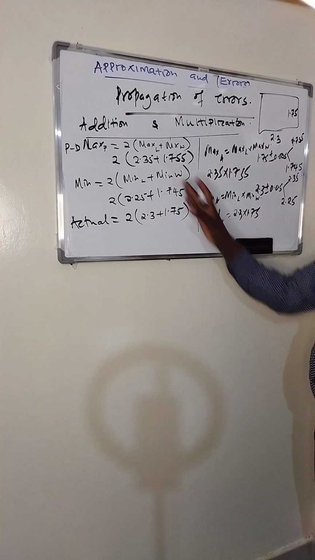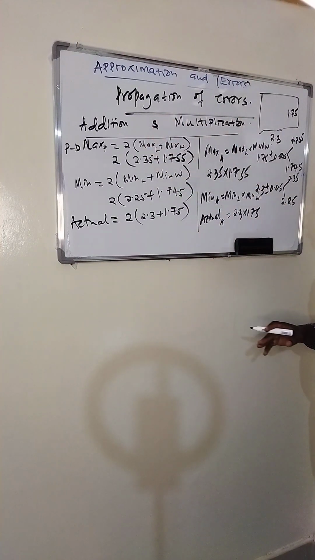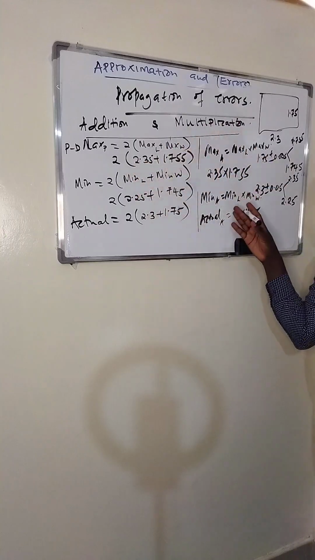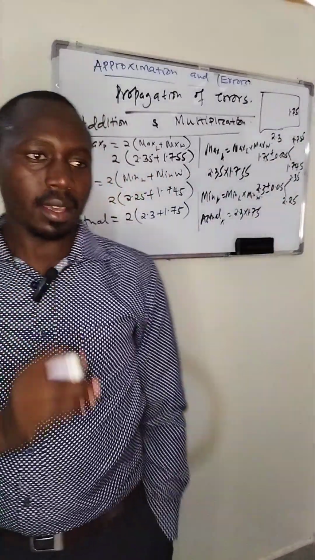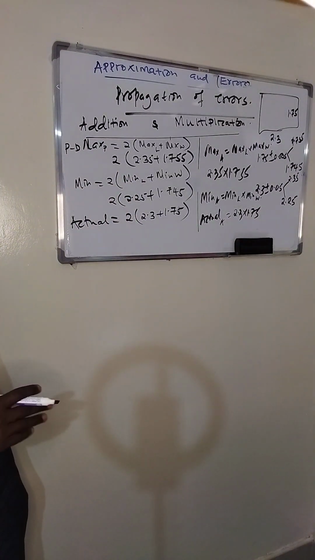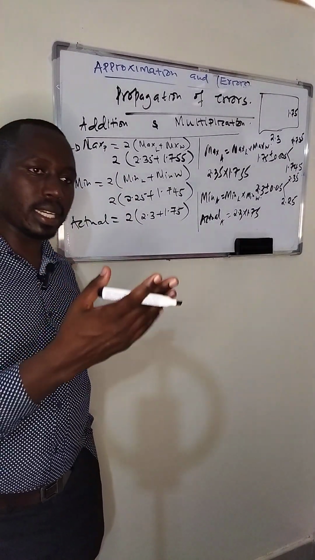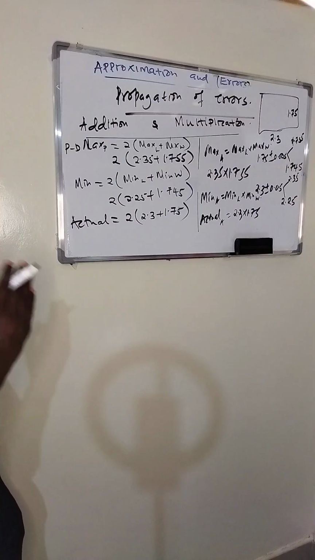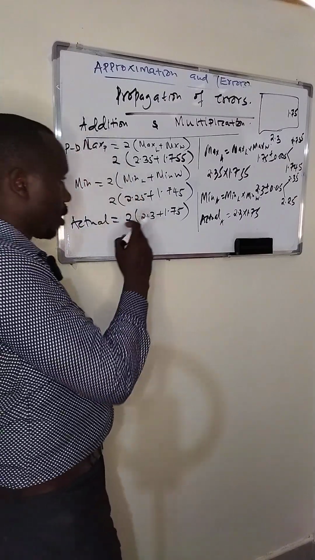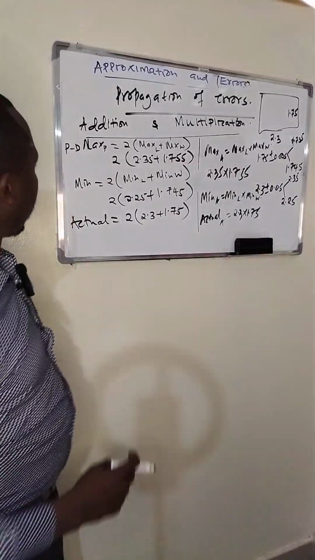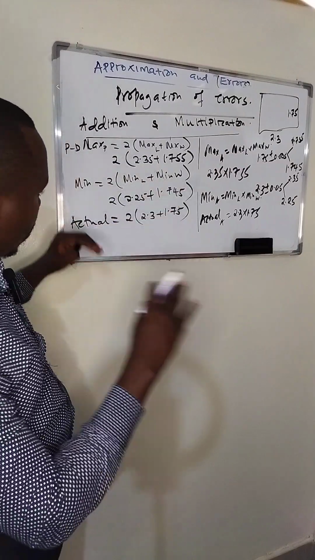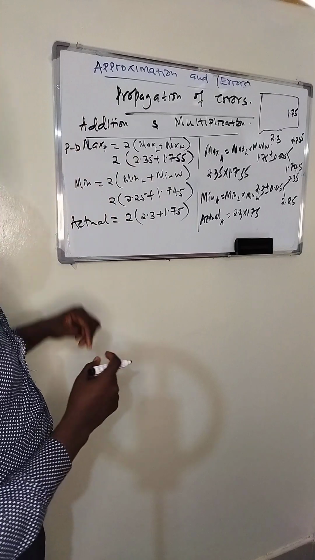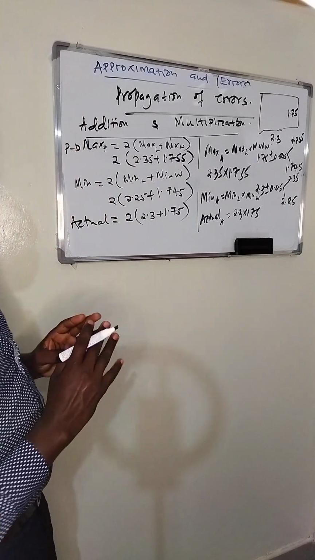So you notice in addition and multiplication, you take maximum for the two dimensions. If it's length and width, you take maximum width, maximum length. If it's height and radius, maximum height. That is if it is addition and multiplication. It's maximum, minimum, the actual, that would be the same for both, even in the case of the second category, division and subtraction.